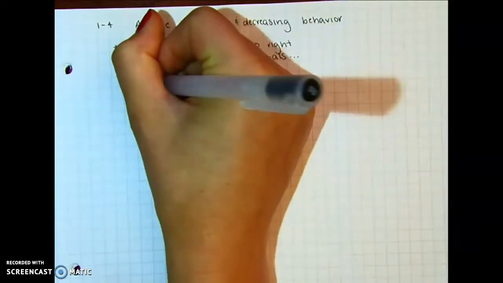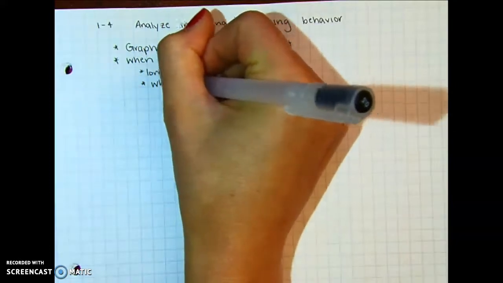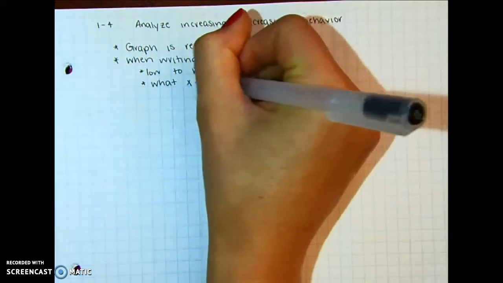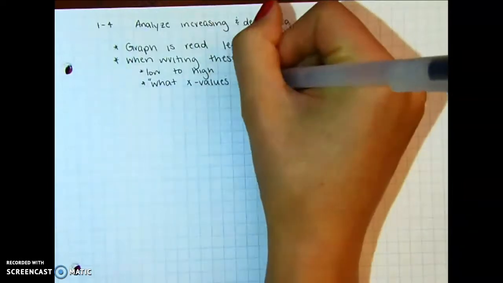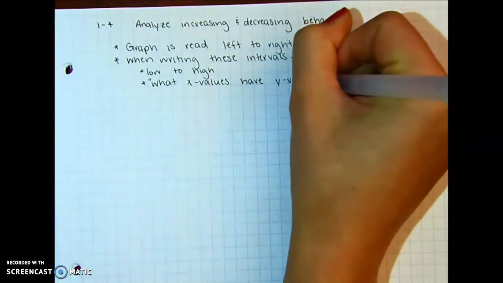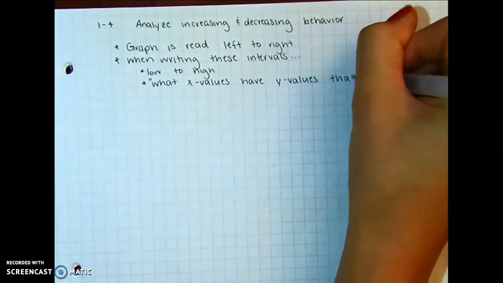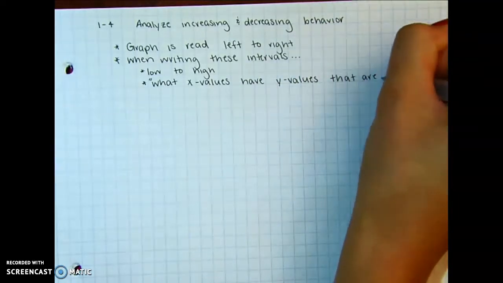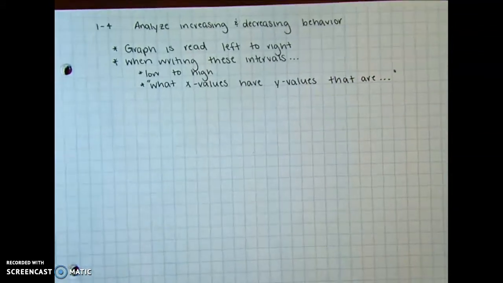You're basically saying what x values have y values that are increasing, decreasing, or constant. And it's kind of it.